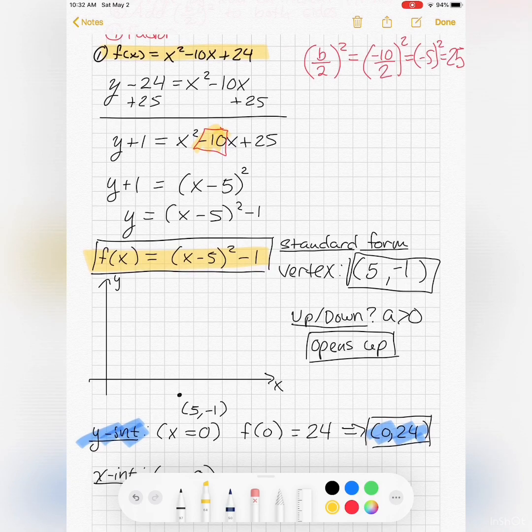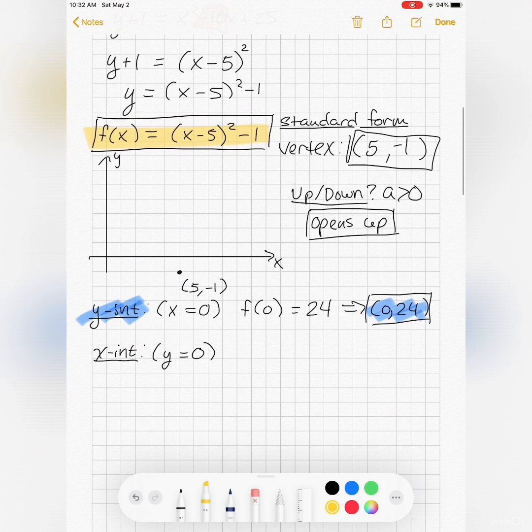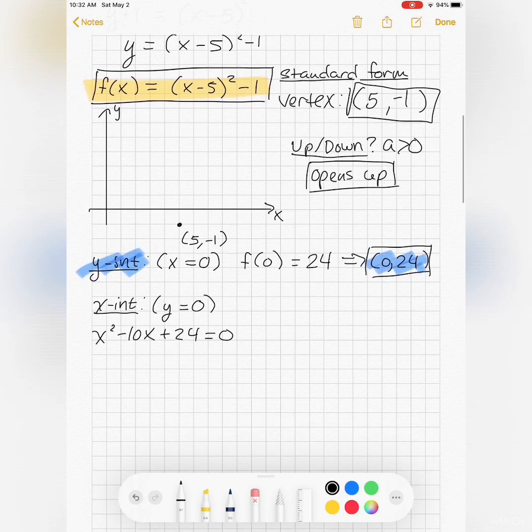So what will happen if I take the original equation up here and I set it to 0? I'll have x squared minus 10x plus 24 is 0. So what are my options for solving that? Well, the first thing I would try is factoring it. If that factors, this problem's actually really pretty easy. If it doesn't factor, though, I would be stuck using the quadratic formula.